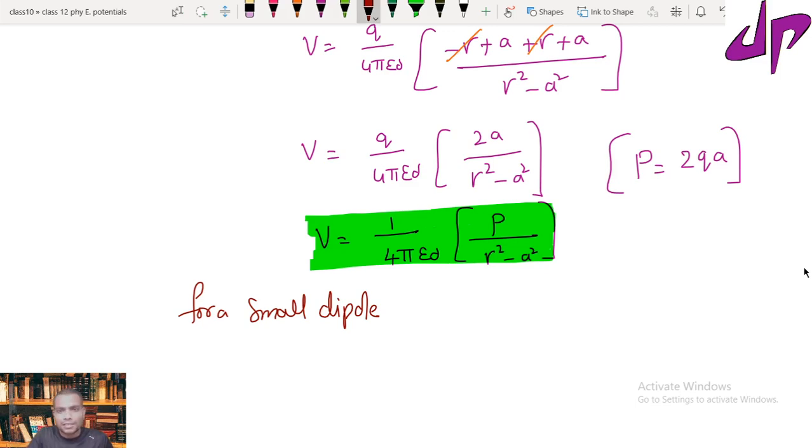In that case, A square is very much less than R square, where R is the point where we need to find the electric potential due to this dipole.